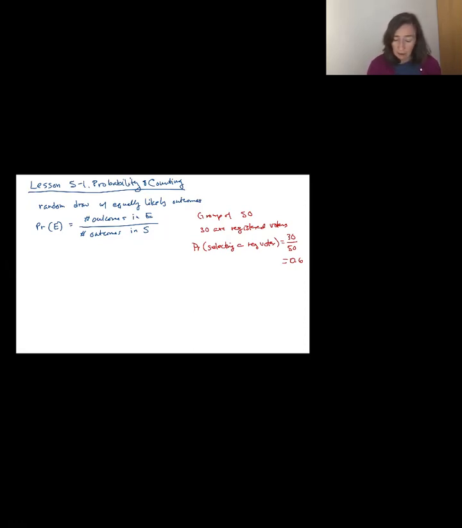Okay, so let's start a fresh page here, and let's talk about what's called the counting principle, if we're going to give it a name. Let's just start with an example. Let's say we have a ballot from a state like California, where we vote on particular policies on ballot initiatives.